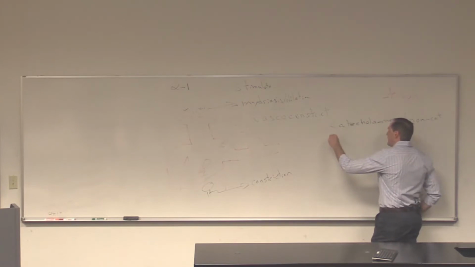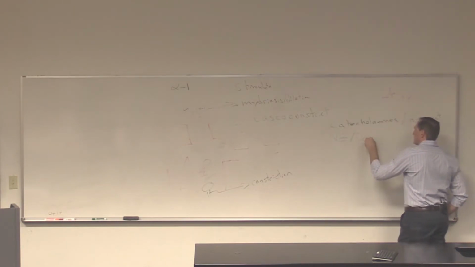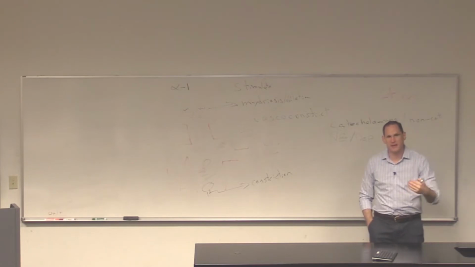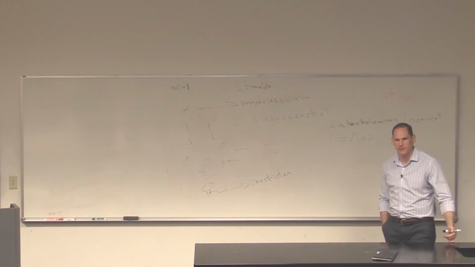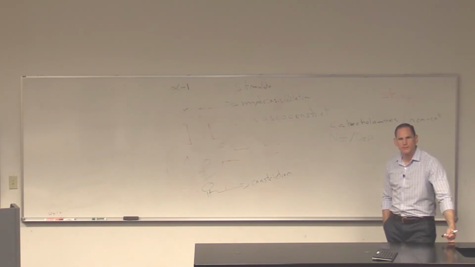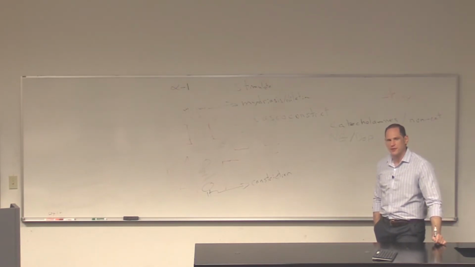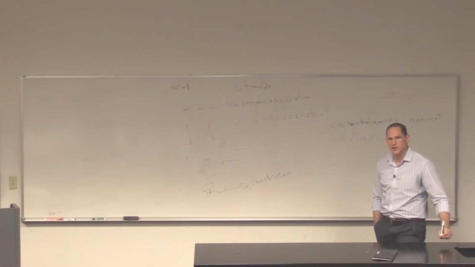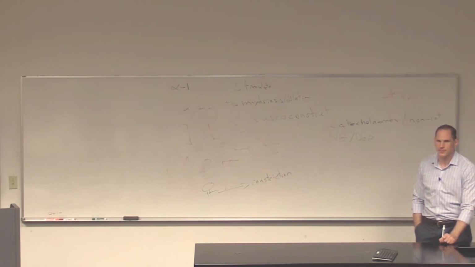So norepi and dopamine are both used to maintain blood pressure in shock or decompensated heart failure. So dopamine and norepinephrine can be used to maintain blood pressure in a patient with shock or decompensated heart failure.